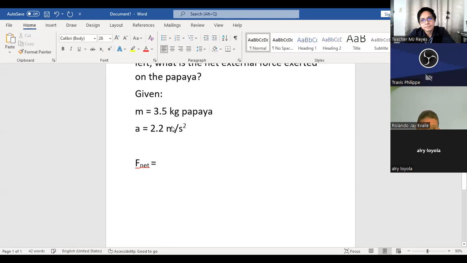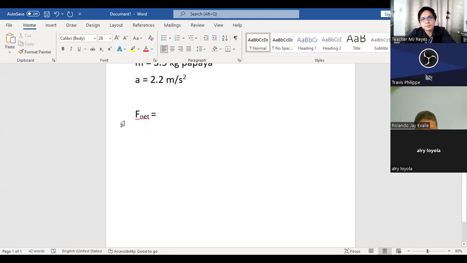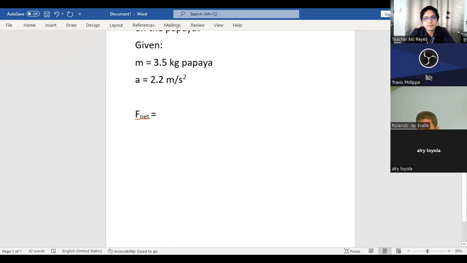Okay, substitute. Mass is 3.5 kilograms times 2.2 meters per second squared.